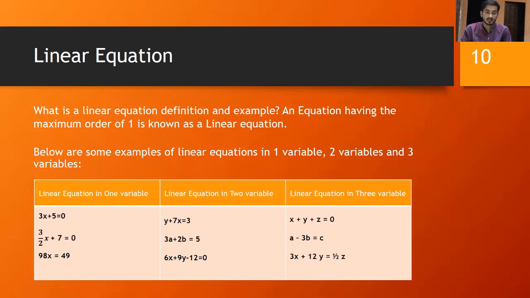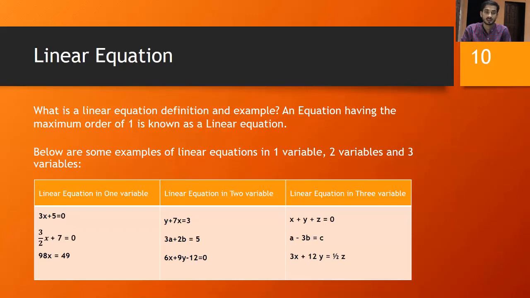So, we can see from the left side, we have linear equations in one variable. They have written three equations with one variable. The first one is 3x + 5 = 0. In this case, x is the variable used in this equation.